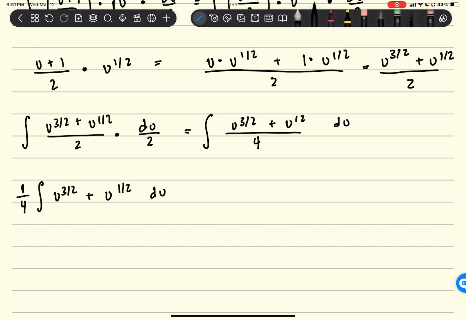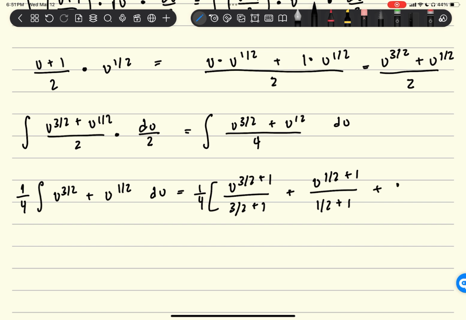So once we have the integral at this point, it just becomes a pretty easy integration problem. We're going to have 1/4 on the outside. The integral of u to the 3 halves is u to the 3 halves plus 1 divided by 3 halves plus 1. The integral of u to the 1 half is u to the 1 half plus 1, and the same thing in the denominator.